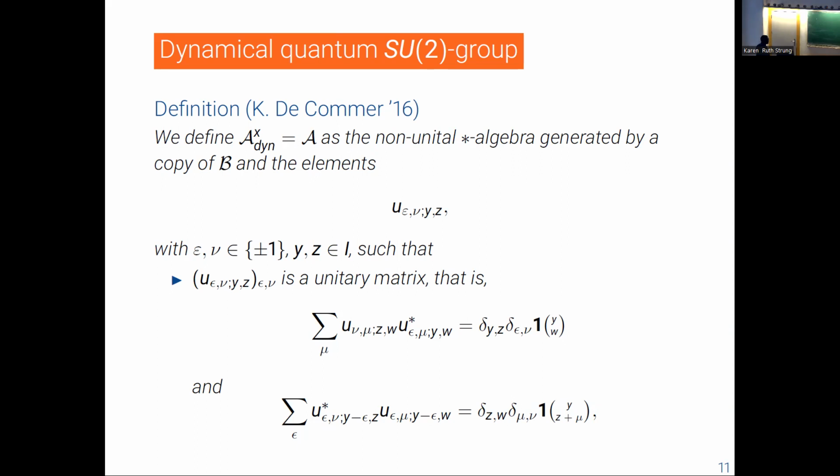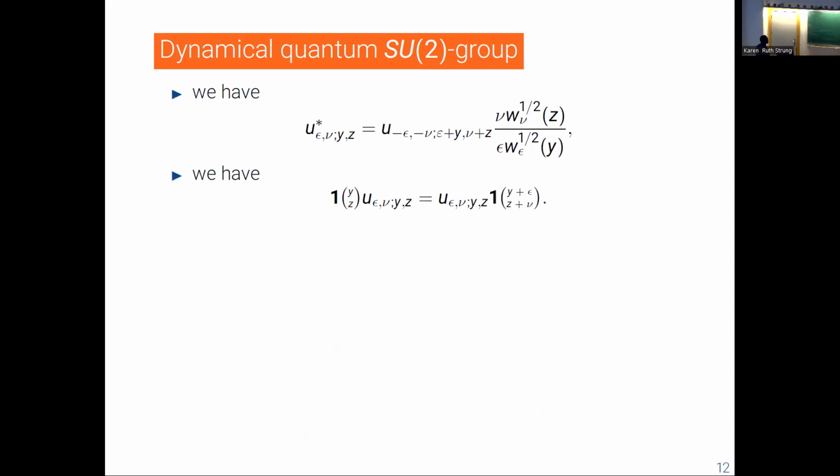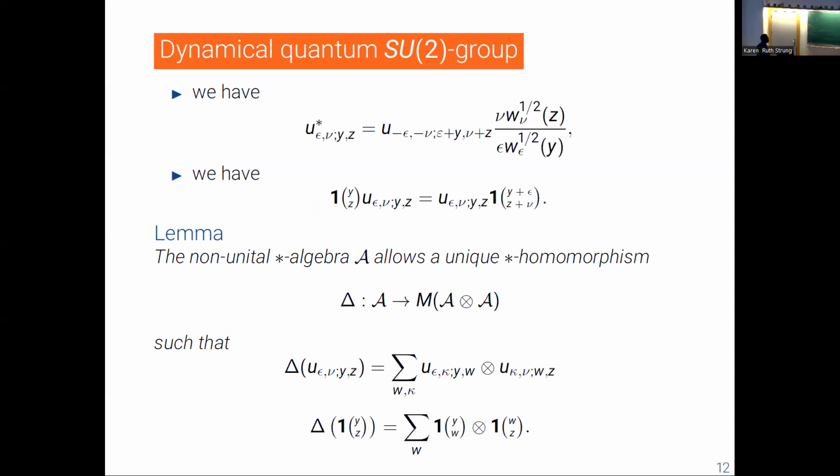This matrix is unitary in the sense that this is satisfied and this also is satisfied. We also have the star structure defined like this, where this W are the defined functions. And we also have this dynamical behavior here.